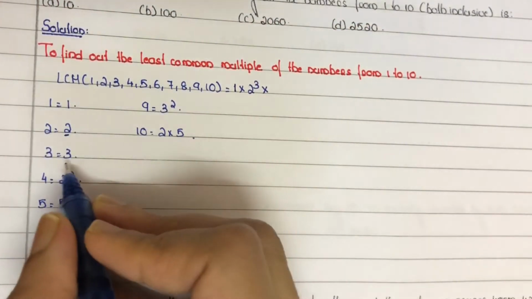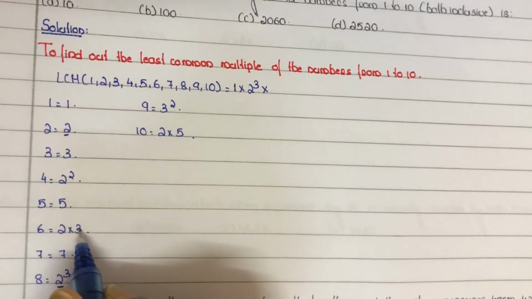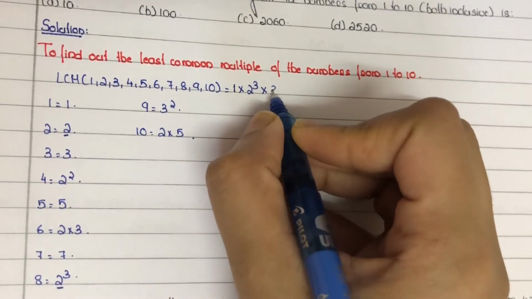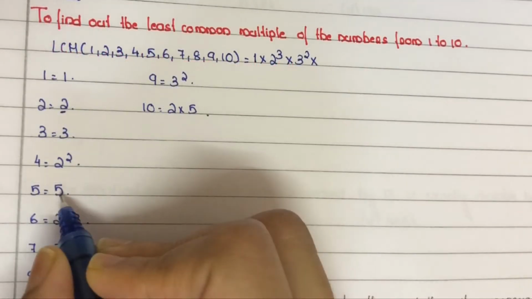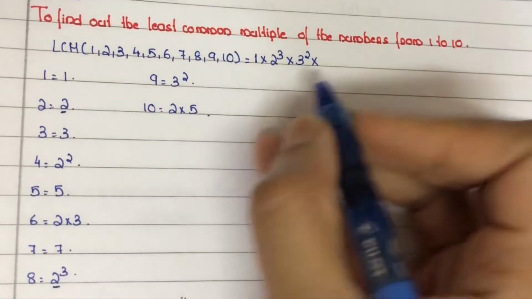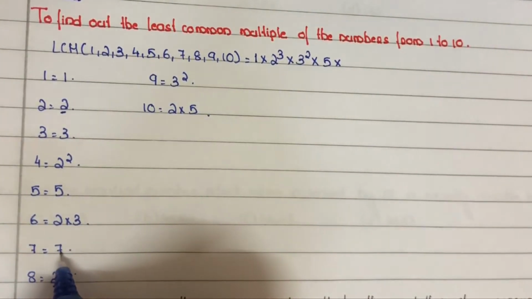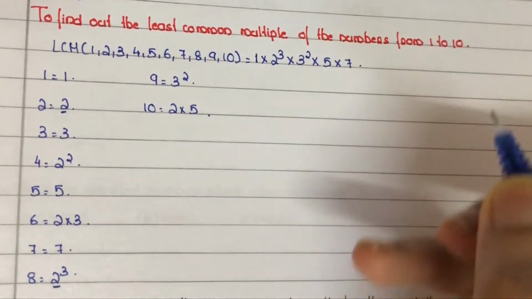Into next, 3: here 3 raised to 1, 3 raised to 1 and 3 raised to 2. So 3 raised to 2 is the highest power. Into next, 5 raised to 1, so 5, and 7 raised to 1, 7.